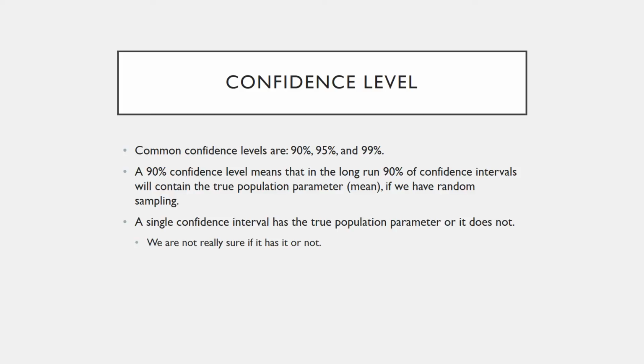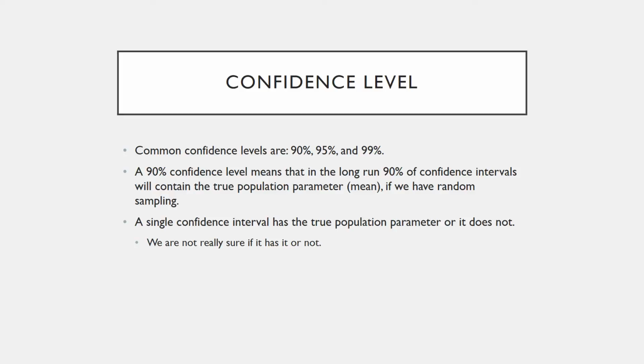So the confidence level is talking about the long run: how many of these confidence intervals will contain the actual population mean or the difference in means. A single confidence interval either has the true population value or not, and we're really not sure if it has it or not.